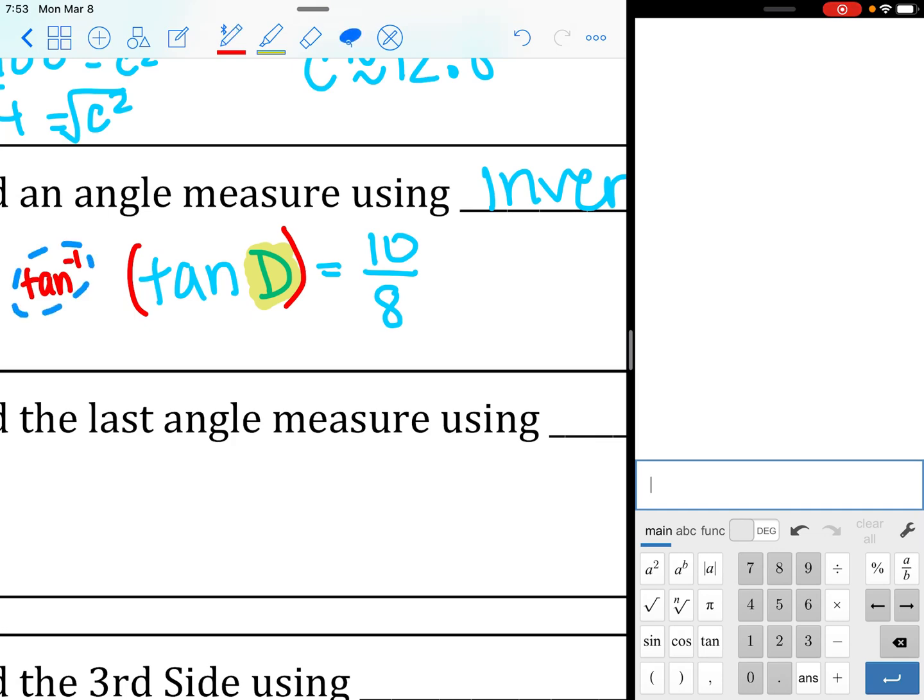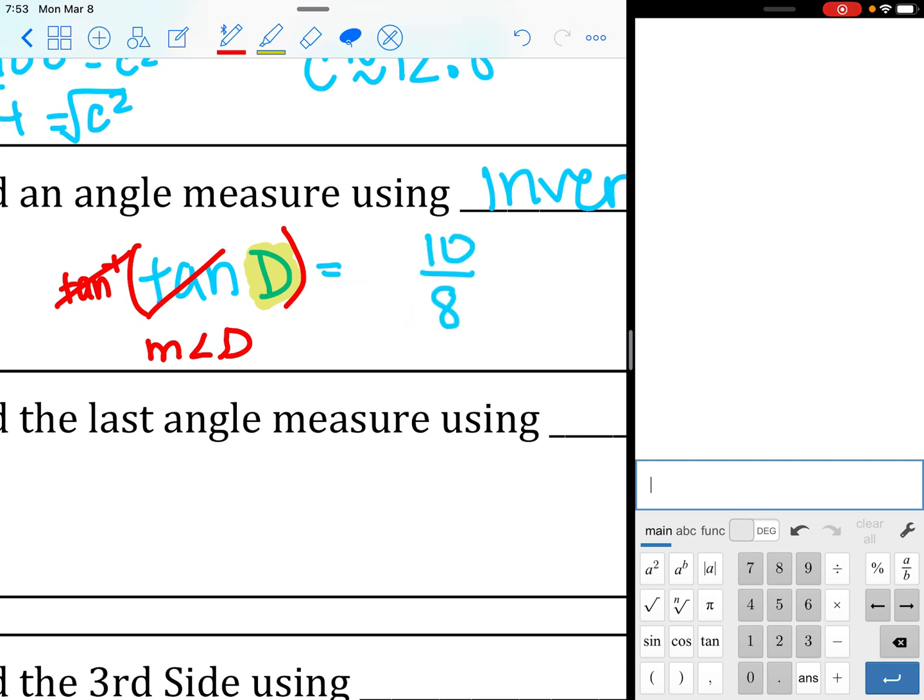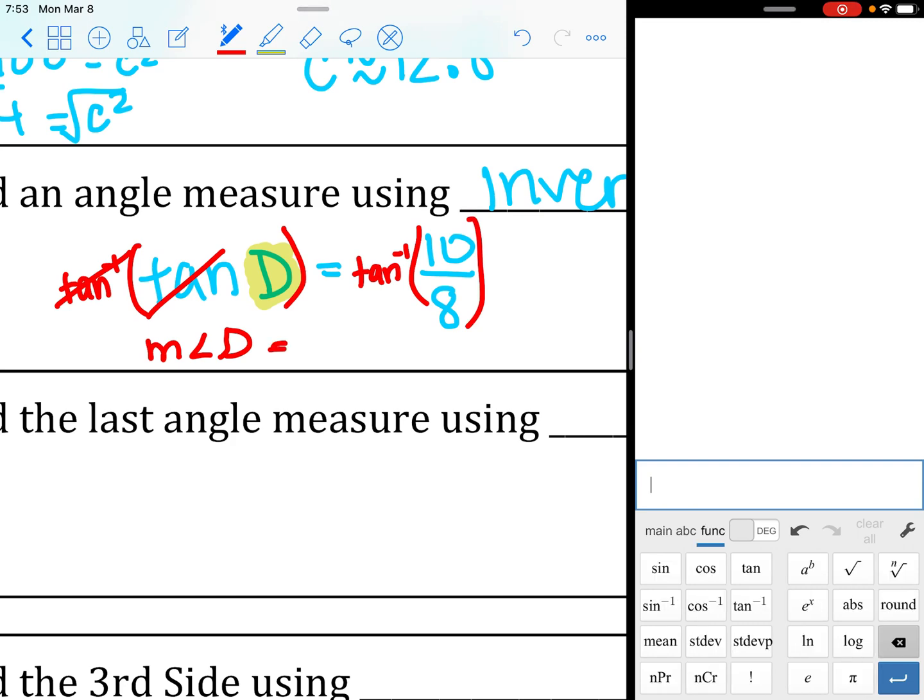So I'm going to use the inverse tangent of both sides. So I've got it here, and over here it's going to cancel it out and leave me with the measure of angle D. On the other side, I also need to do the inverse tangent. So I'm going to do the inverse tangent of 10 over 8.